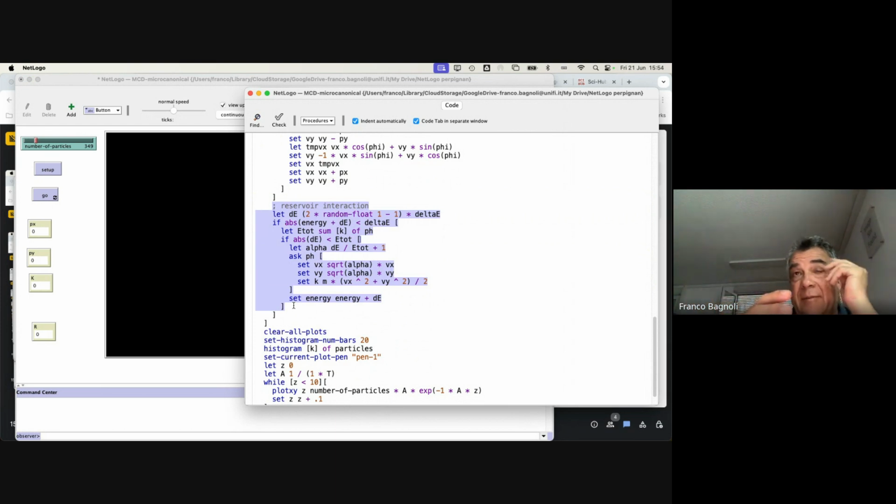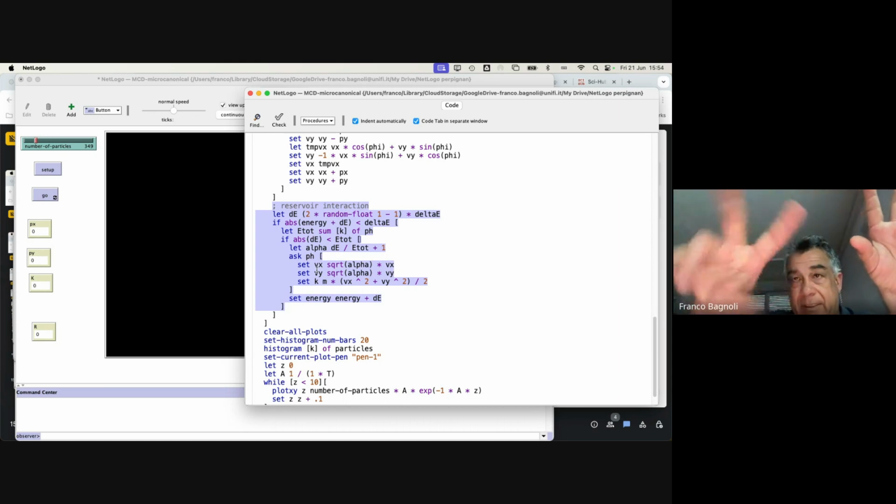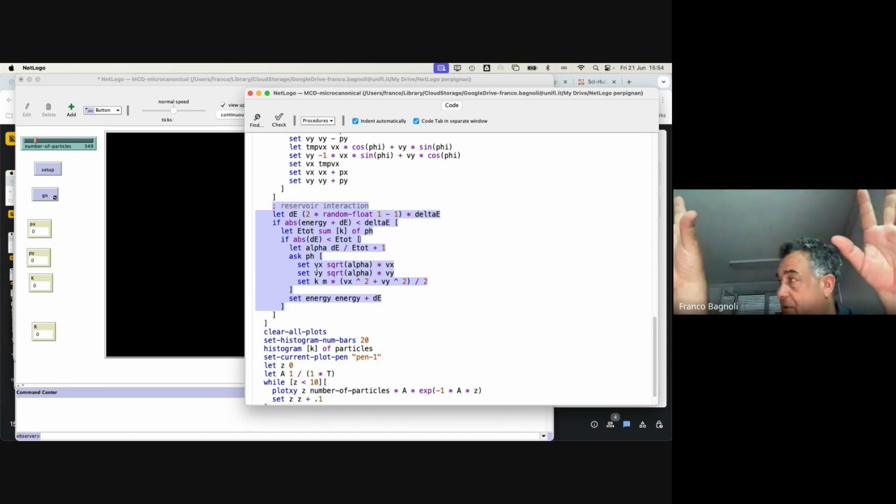You could do this, but you have to extract random numbers and try. So the idea is that the conservation of momentum is easy, just by the rotation. You have this conservation of momentum.